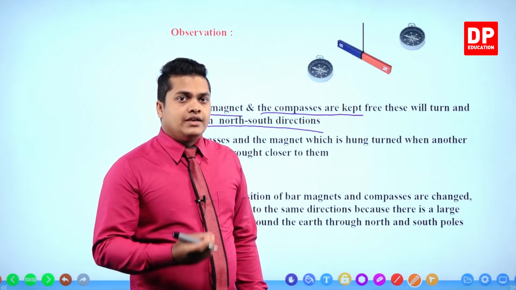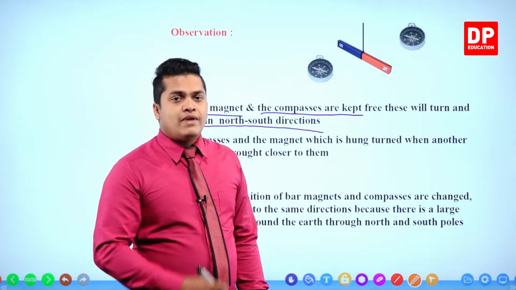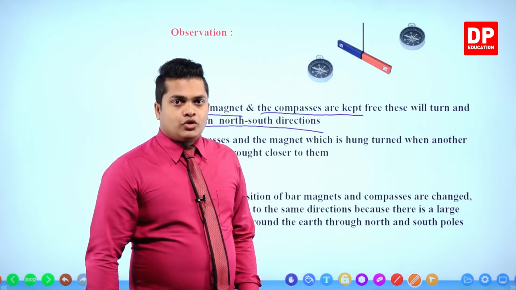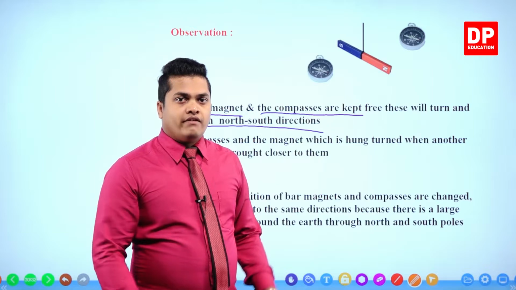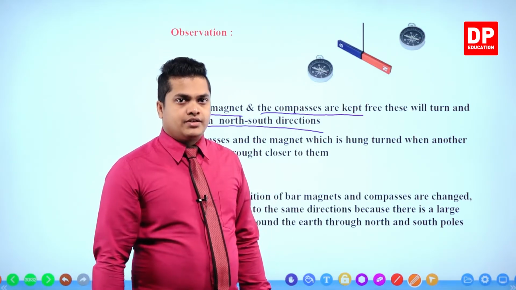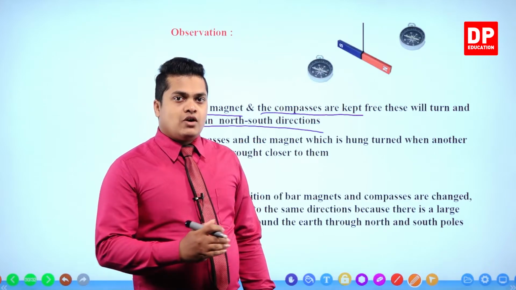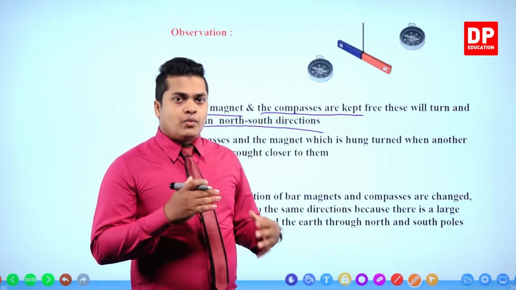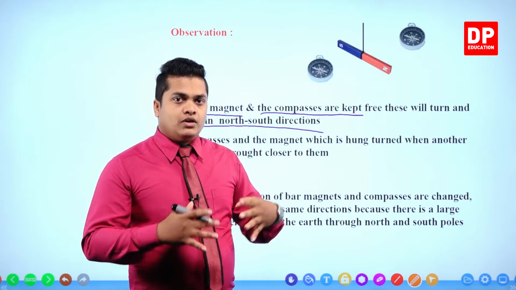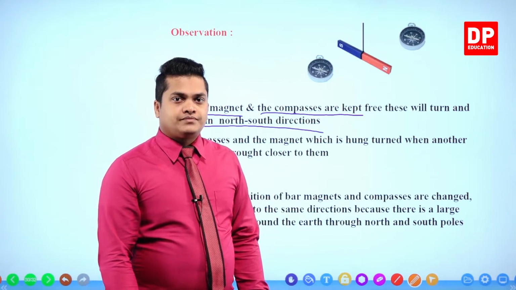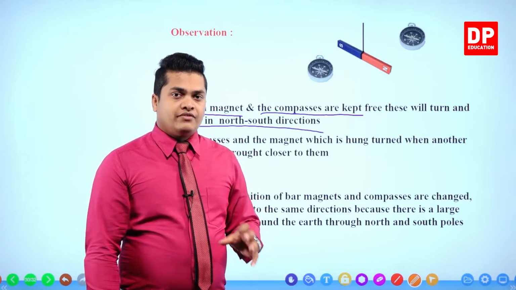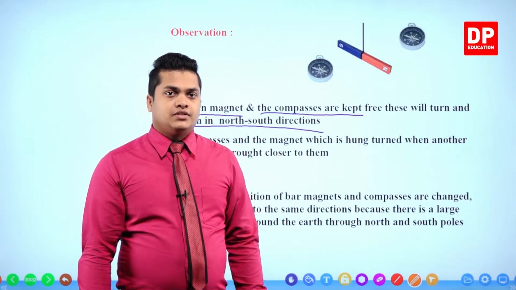It's because there is a huge magnetic field around our Earth from north to south pole. Our Earth is behaving like a large magnet, a giant magnet, with its north and south poles running from the north pole to the south pole of our Earth. This is the final conclusion we could come up with from this experiment.